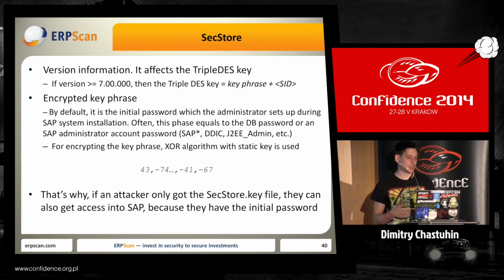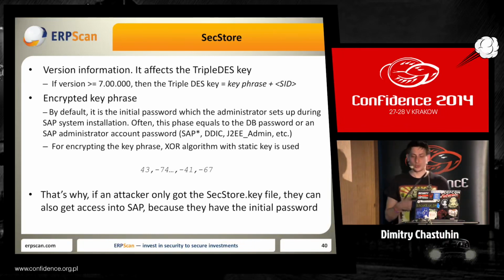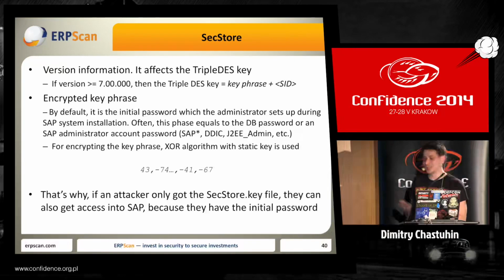The next part is the encrypted key phrase. By default, it is the initial password which the administrator set up during the SAP installation. Often this phrase equals the DB password or the SAP administrator account password. And for encryption of the key phrase, an XOR algorithm with a static key is used again.